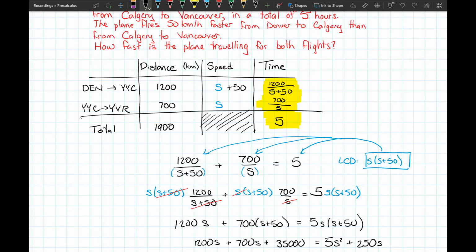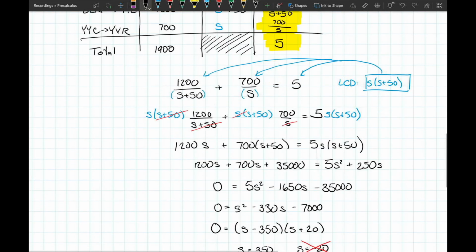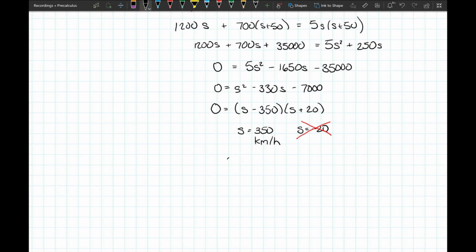If we want to find the speed from Denver to Calgary, we need to add 50 to S. So, to answer the question, 350 kilometers per hour would be from Calgary to Vancouver, and we know that adding 50 to that, we have 400 kilometers per hour from Denver to Calgary. And there we go. So, a little bit of a trickier question.